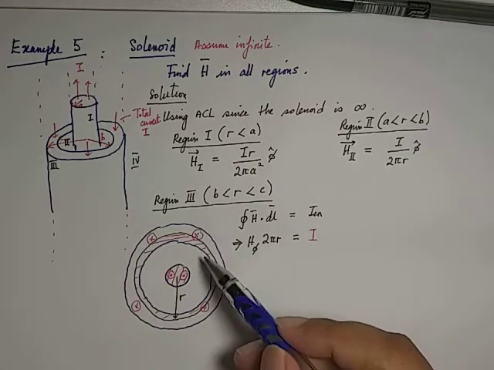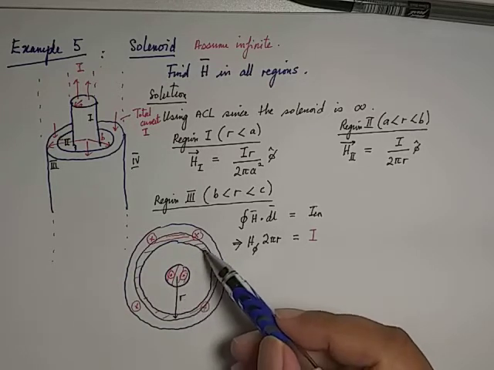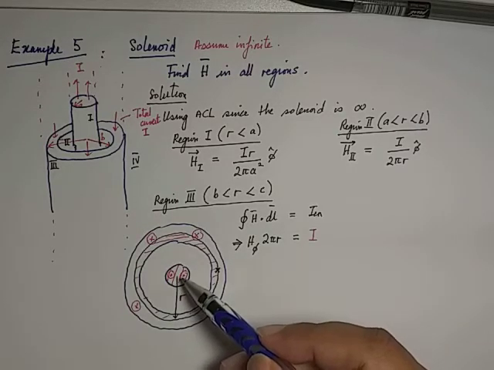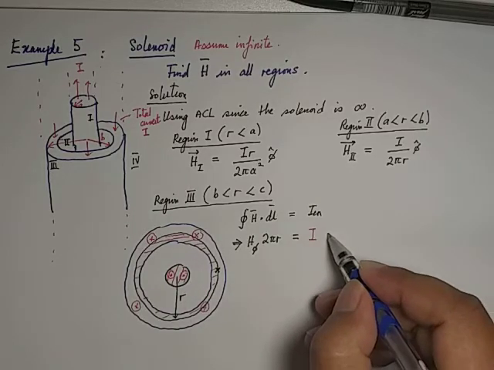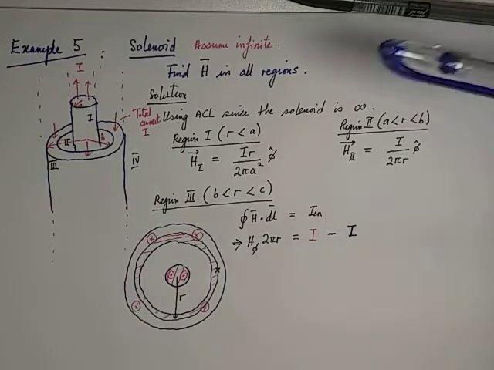But since the current configurations are not the same, since I assume this current to be in positive sense, therefore this current needs to be represented in negative sense because it's opposite to the one that we define positive. Therefore I'm going to put minus I here. Okay, let's make it nicer.